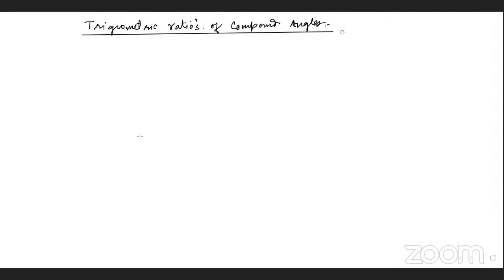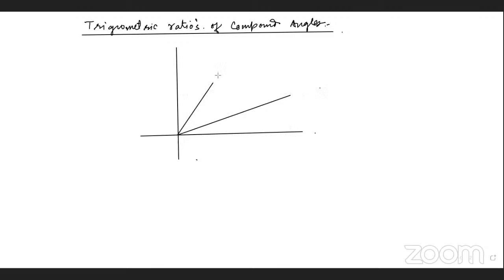Look at this. For example, just draw the figure like this. Suppose this is angle A, and if we move further, this is angle B, okay? This is my origin O, and this is a rotating arm.